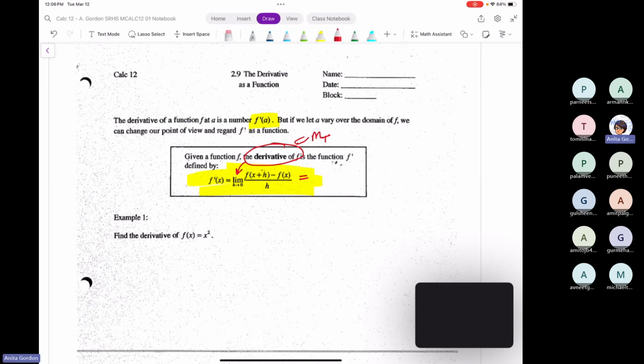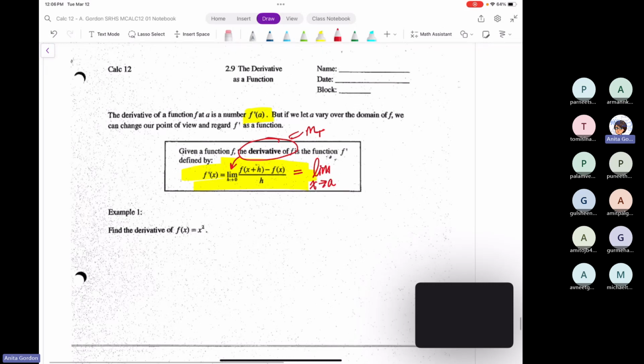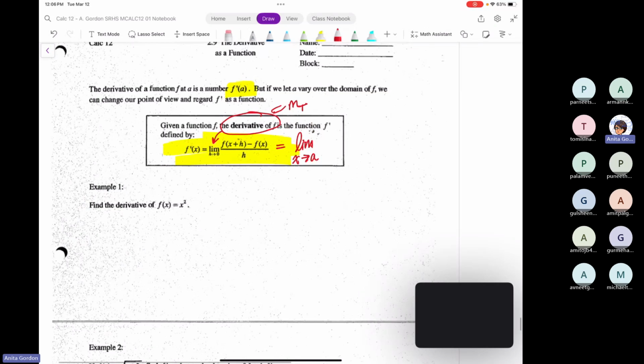Or you can use the other one, the limit as x approaches a of f of x minus f of a over x minus a, which is the same thing as y minus y0 over x minus x0.